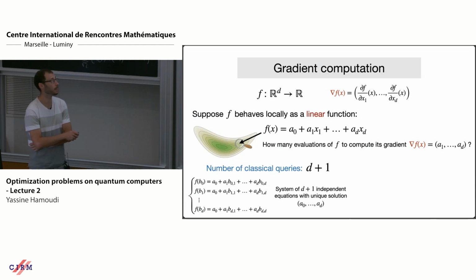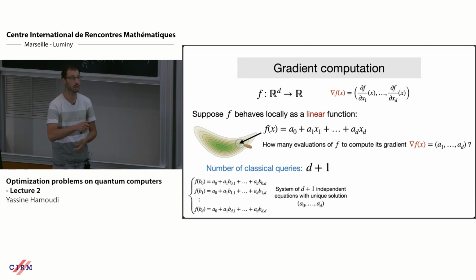Essentially, you want a system of equations of dimension sufficiently large, as large as the number of parameters in the linear function, which is d plus 1. So you just query d plus 1 independent points, and then you can solve the system using Gaussian elimination, for instance, and you will obtain the gradient of the function at the current point.